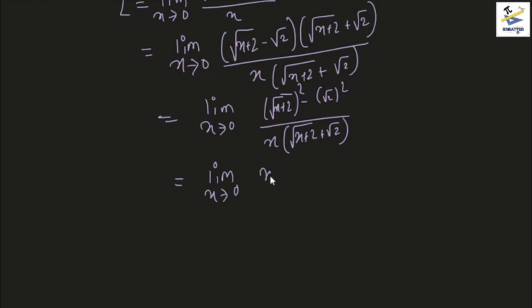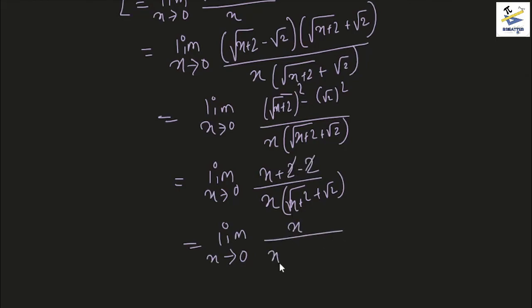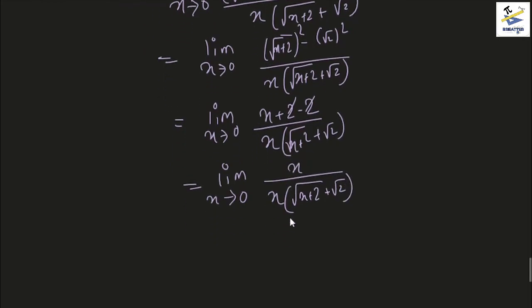So here it becomes x plus 2 minus 2 divided by x into (root over x plus 2 plus root 2), right? This 2 and 2 will cut off and you will get x by x into (root over x plus 2 plus root 2). Now this x in the numerator and the denominator can cut off because obviously x tends to 0 would imply x is not equal to 0.